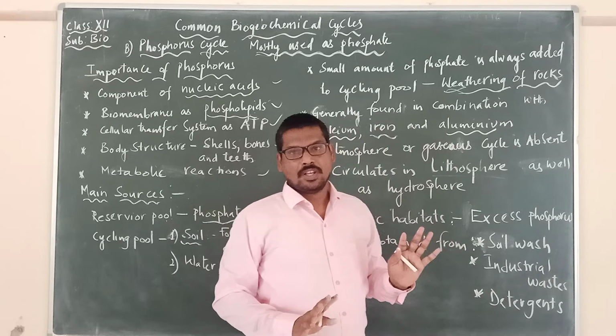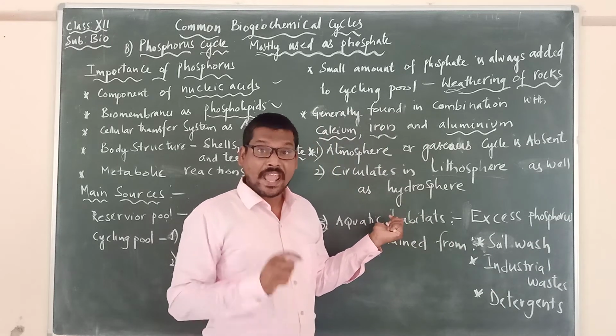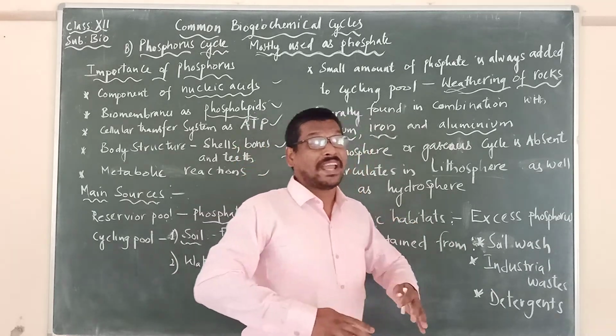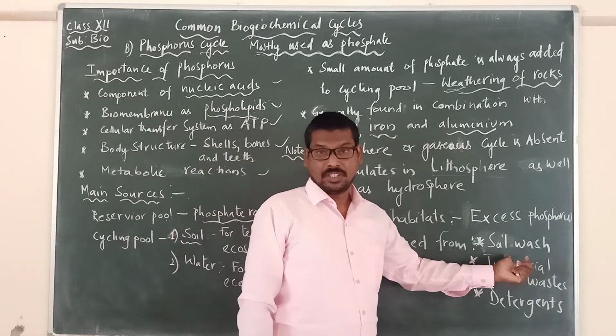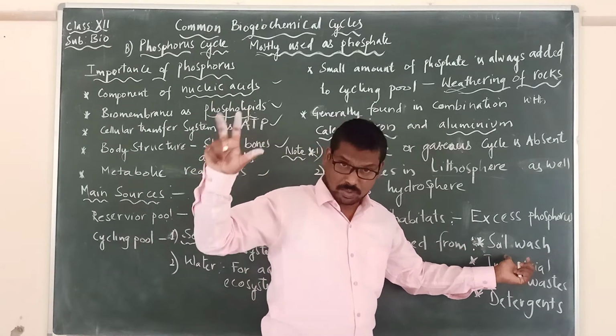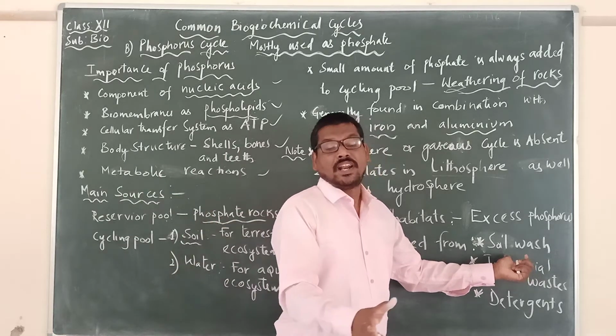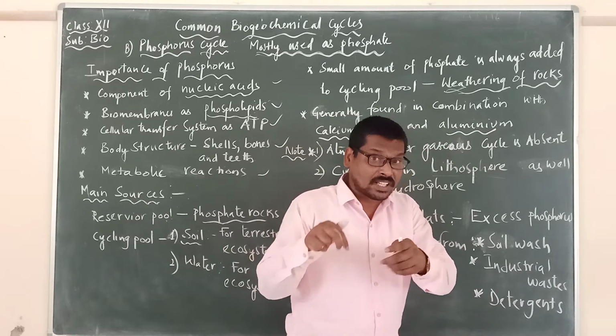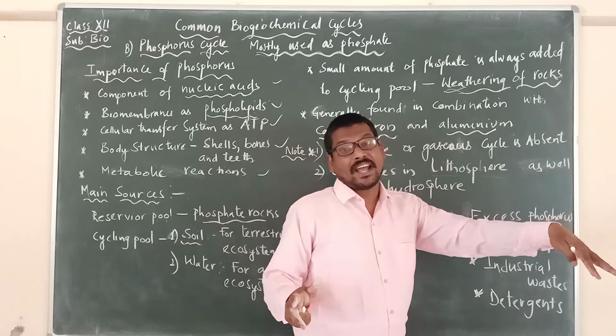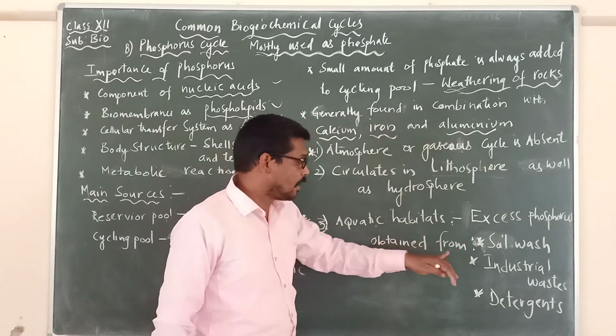Water bodies, so that's why we say aquatic habitats consist of excess concentration of phosphorus. How? Because of the soil wash. When due to heavy rains the water starts moving, it starts collecting all the phosphorus that is in the soil and carries it into the water bodies, that is, aquatic habitats.